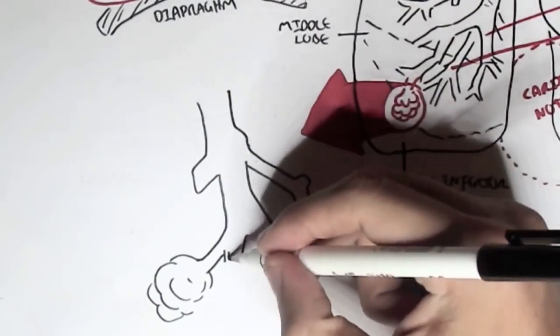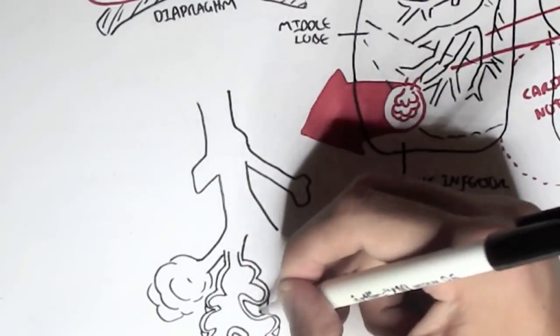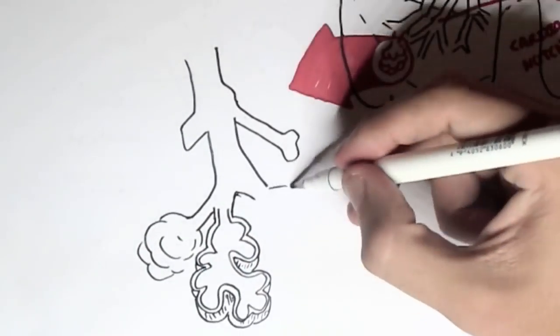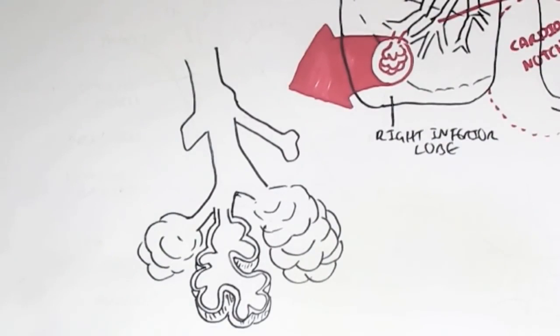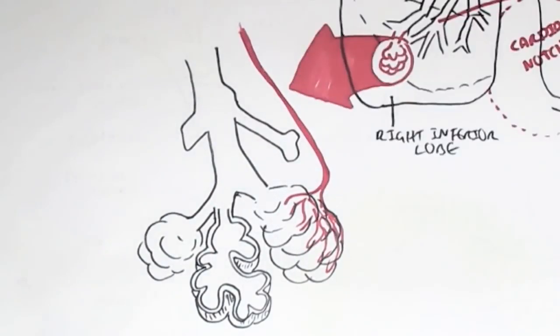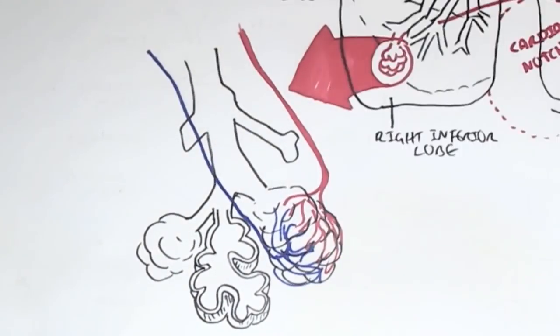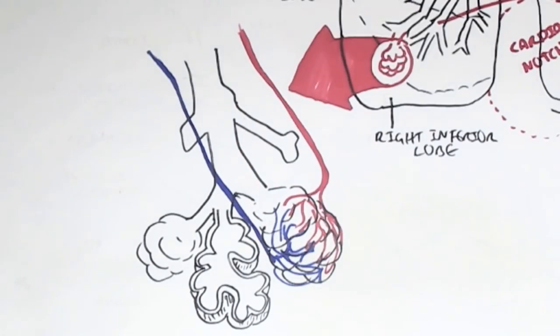So let's just zoom into this alveolar duct looking thing and look at it in a bit more detail. Of course, to each of these alveoli sacs, we have blood vessels coming in and out. The blue coming in and the red going out.